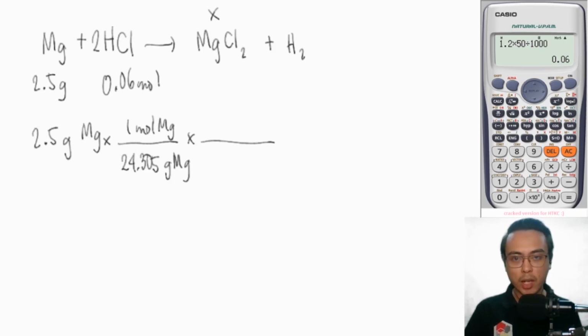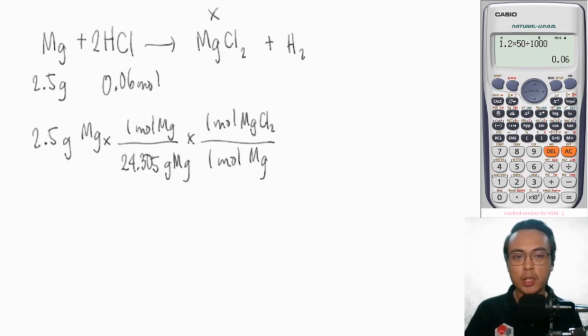Based on the balanced equation, if we're solving for the amount of magnesium chloride, for every 1 mole of magnesium, there is 1 mole of magnesium chloride. And since the problem is already asking us for the amount of magnesium chloride in grams, let's continue our conversion to grams. We simply want to convert the number of moles of magnesium chloride to grams of magnesium chloride. And for that, we need to get the molecular weight of magnesium chloride.